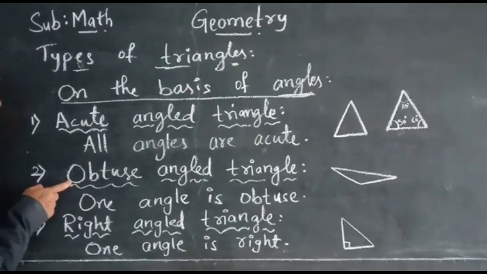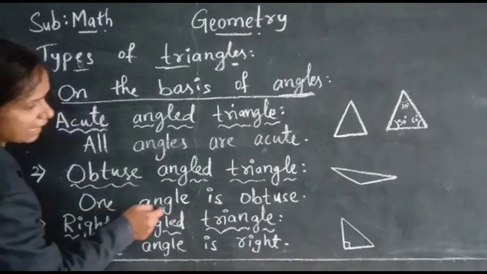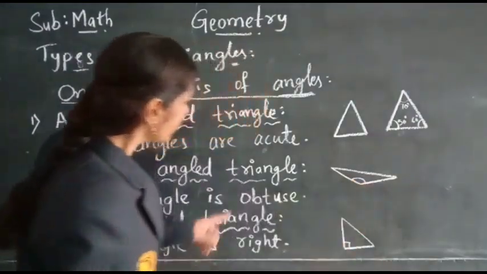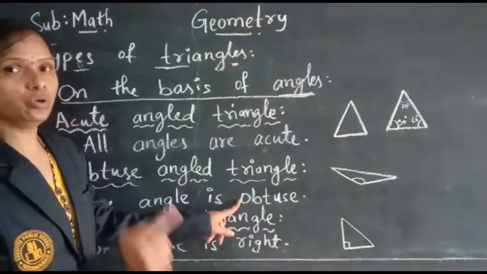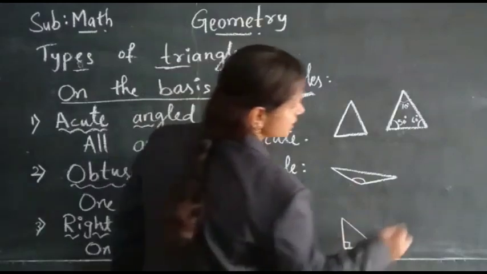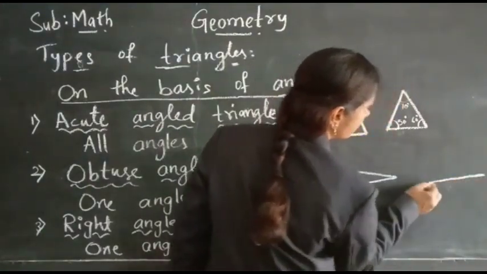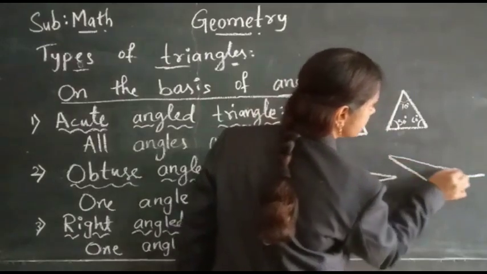Now the second one is the obtuse angled triangle. An obtuse angled triangle is nothing but one angle is obtuse. Obtuse is nothing but between 90 degrees and 180 degrees. Now here I am drawing one more figure with the angles.